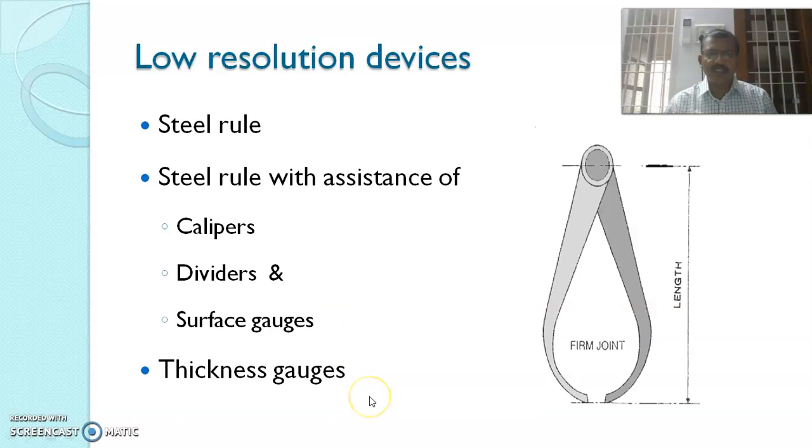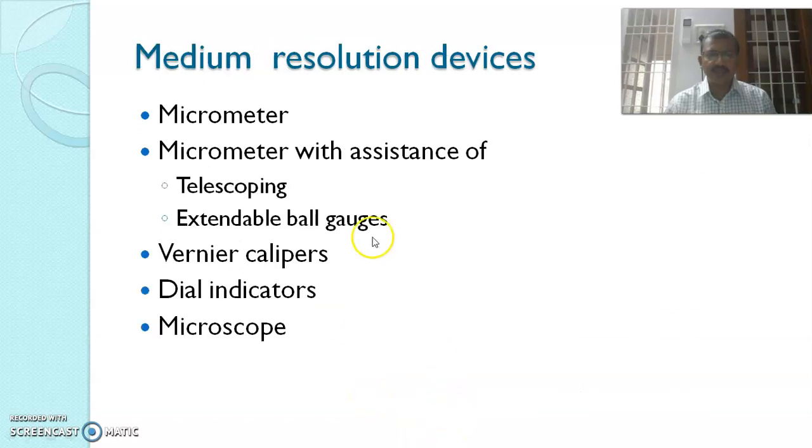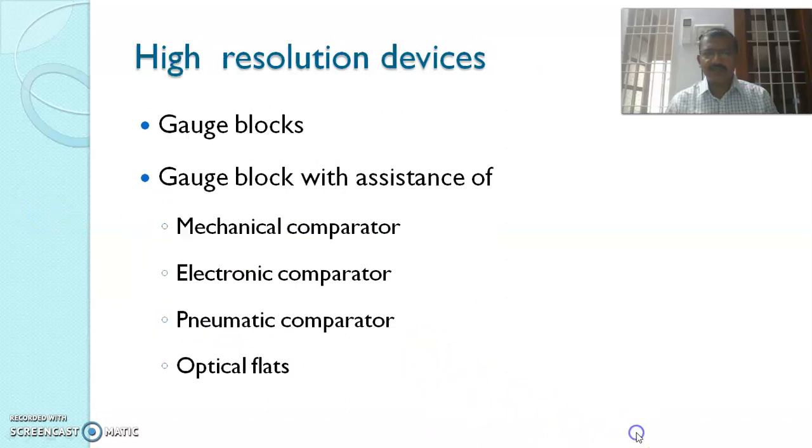Thickness gauges are also low resolution devices. Medium resolution devices are the micrometer, telescopic micrometer, extendable ball gauges, vernier calipers, dial indicators and microscopes. We are going to study vernier calipers and micrometers later.